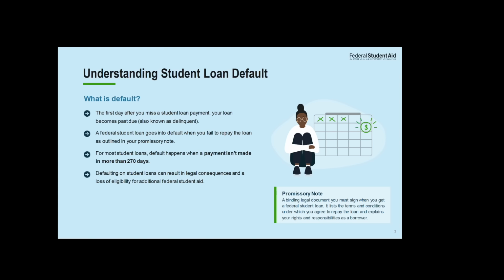If you make a payment within your delinquency status, within that 270 days, then you will not reach default. This webinar today is specific for those borrowers who unfortunately did not or were not able to make a payment beyond that 270 days of delinquency.